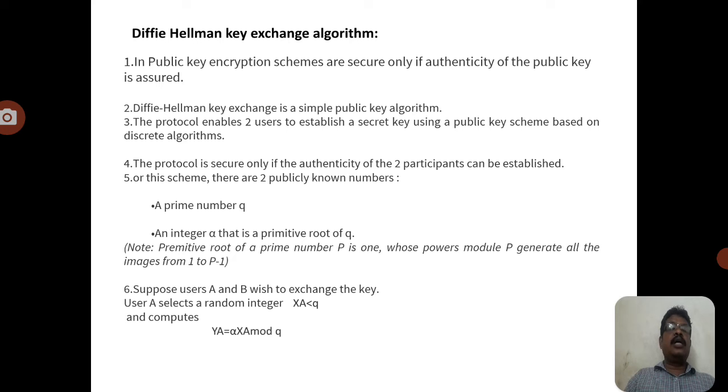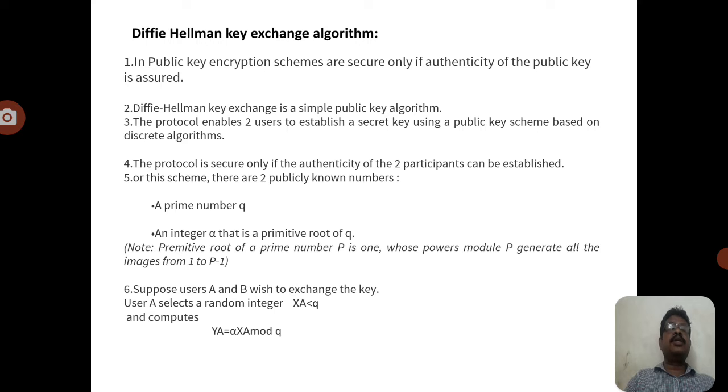These two are the public elements, which means they are known by both user A and user B. So these two public numbers are interrelated, and alpha is the primitive root of the prime number Q.